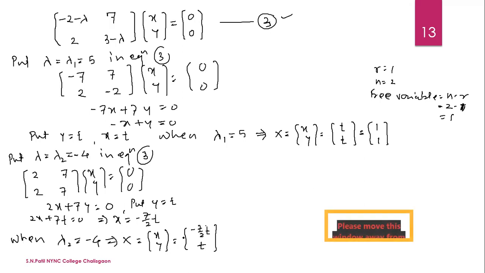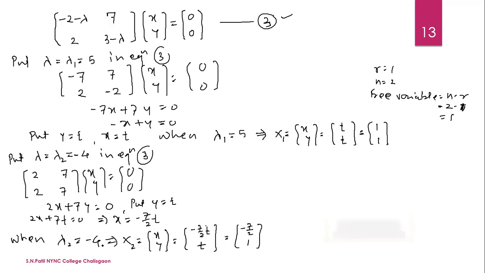You can take t common here, otherwise consider t as 1, that is -7/2, and here 1. Okay, so these are the eigenvectors. So this is the first eigenvector and this is the second eigenvector corresponding to lambda is equal to 5 and lambda is equal to -4 respectively.